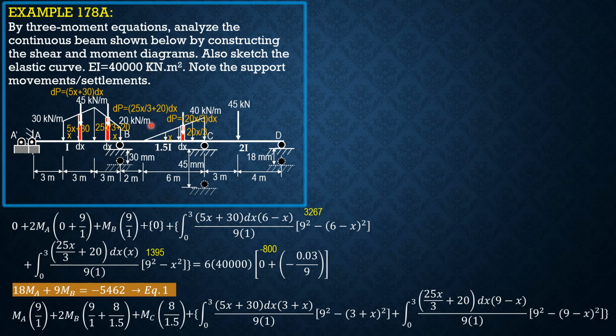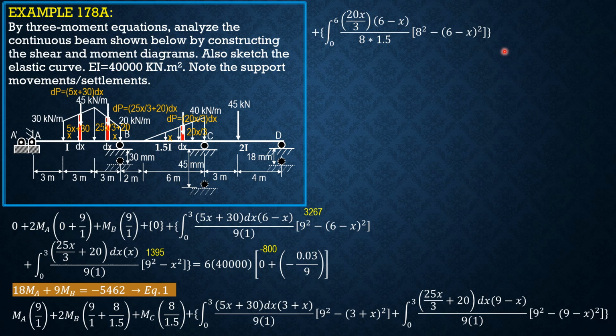Then that's 6 area 1A over I1L1, while 6 area 2B over I2L2 is integral of 20 over 3x dx times, this is 6 minus x over 8 times 1.5, quantity 8 square minus 6 minus x square. So if that is x, this is b, which is 6 minus x.